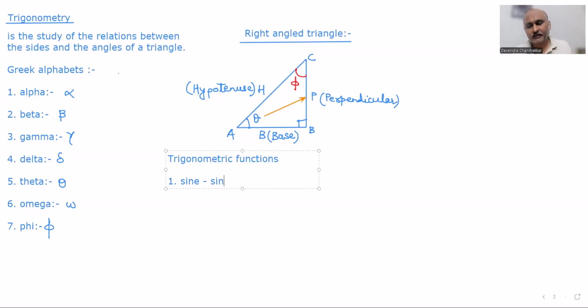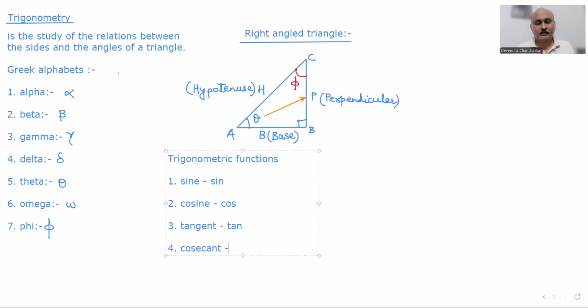Sine बोलोगे, ठीक है? Don't pronounce it as sin. You're not committing any sin, right? Second is cos. Third is tangent. I'll tell you how these functions are used and denoted, but I am just introducing you to the names of these functions.